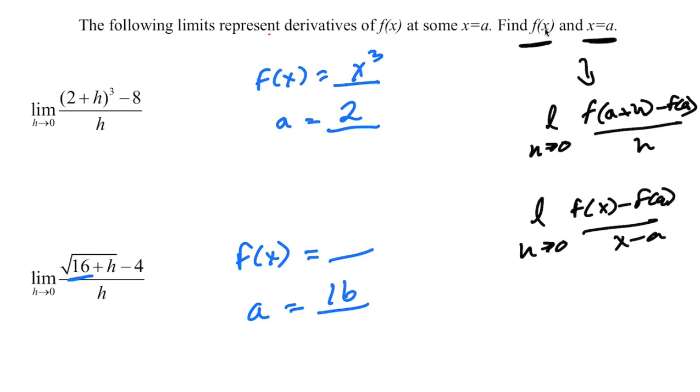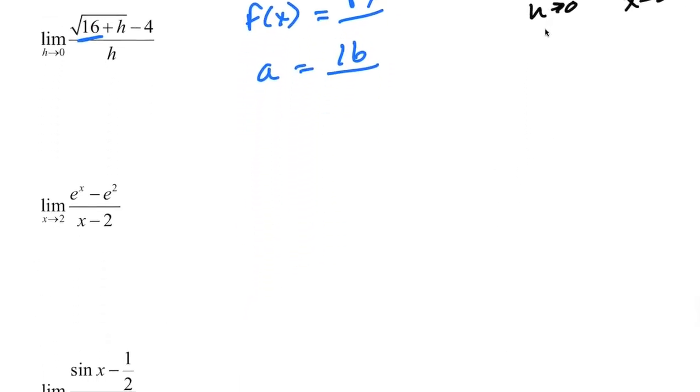If you just take all this away, the h plus the a, it is square root of x. And again, you can double check. If I plug this in there, do I get that value? Square root of 16 is 4, so yes, it checks out. And that's all we're doing here. We're just going backwards.